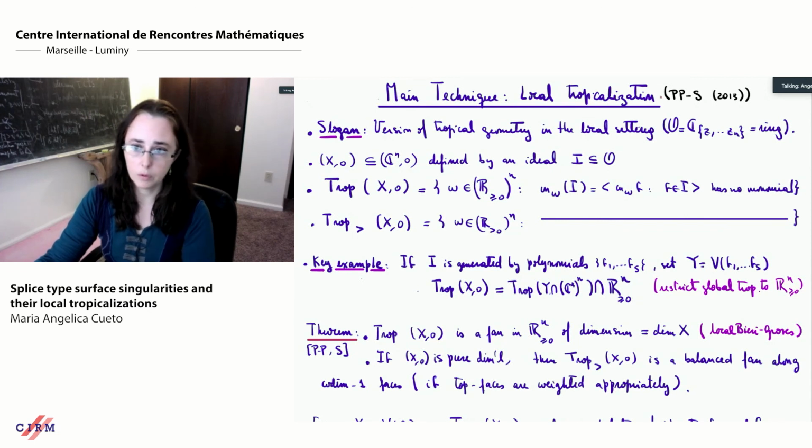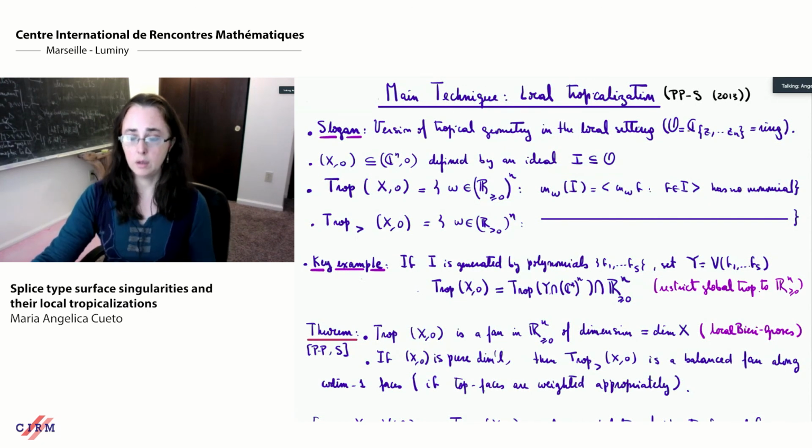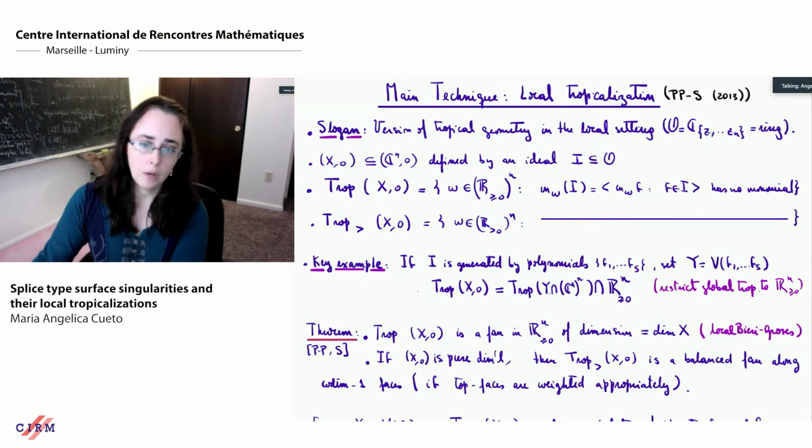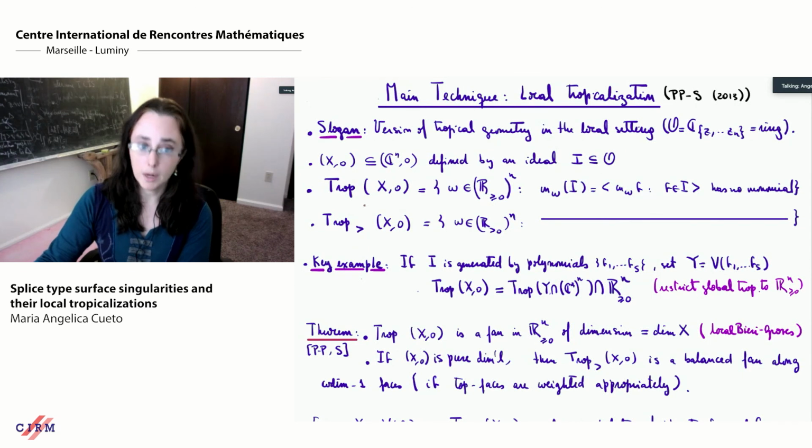So the first paper developed the whole theory, and so now we're sort of applying these results for concrete singularities. So the setting is I'm going to have a germ of a singularity inside C^n, and it's defined by an ideal in the convergent power series ring. And so I'm going to have two types of tropicalizations, the positive tropicalization and the non-negative one.